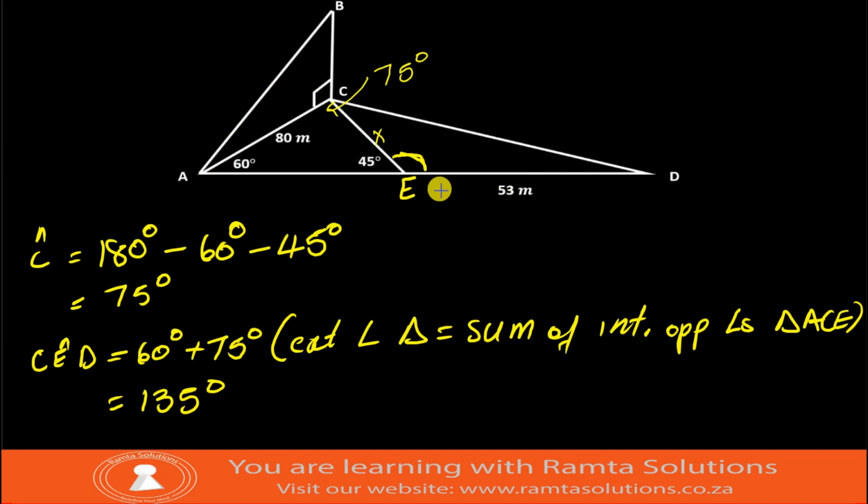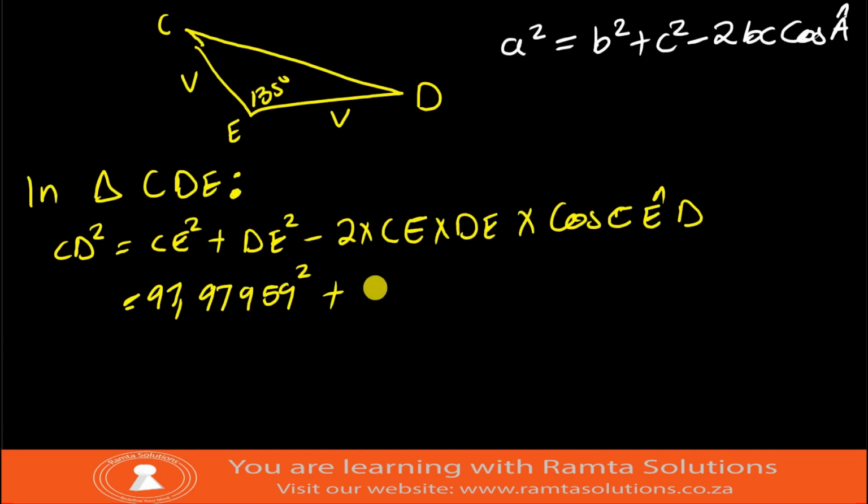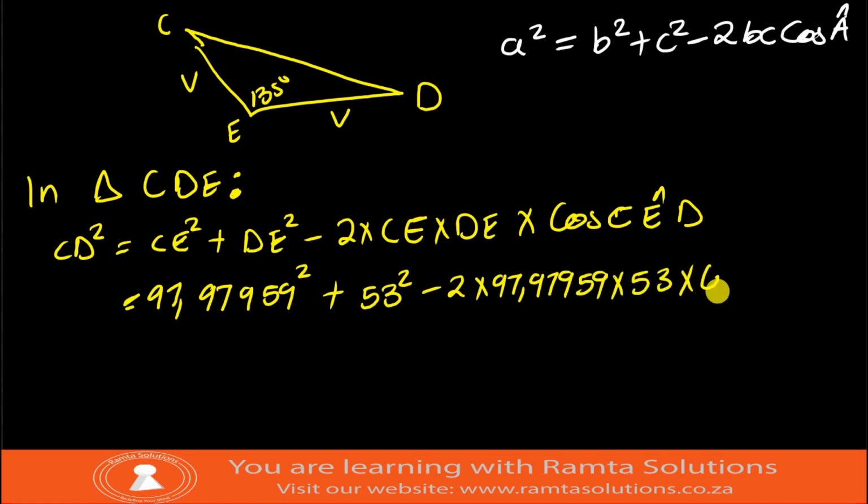As you can see, it is 53. Minus 2 times 97.97959 times 53 times cos. We found the angle to be 135 degrees.